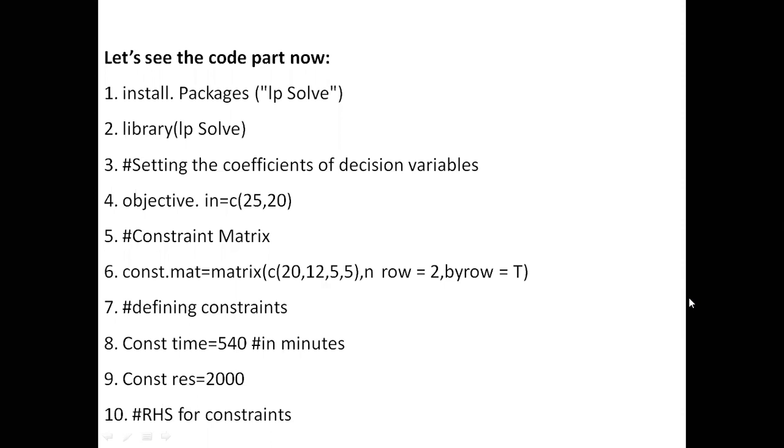Okay, next one, setting the coefficients and decision variables. So overall, we have 3 different types of variables as we have discussed earlier. Those variables need to be satisfied with respect to the constraints and the major objective constraint, that is as per the program we have to give.